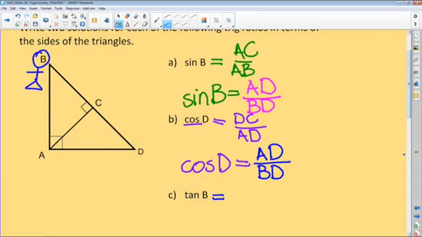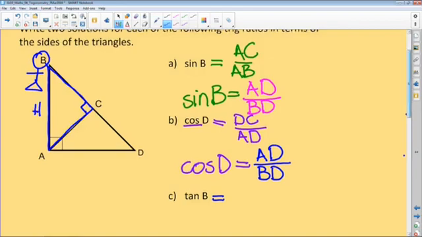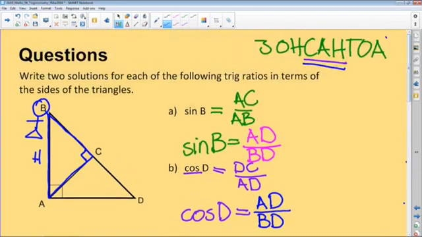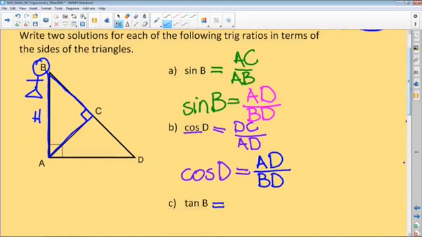Okay, I'm going to start with the smaller triangle that's connected to the angle B. There's my right angle, and that means that this is my hypotenuse over here. If I want to use tan, we'll go up to this, and we'll see that tan is equal to opposite over adjacent. So I need to figure out which line is opposite and which one is adjacent.